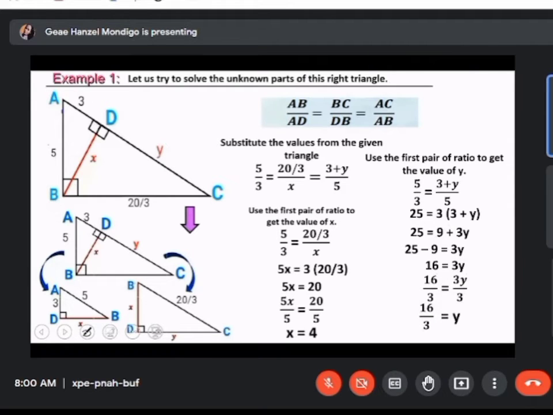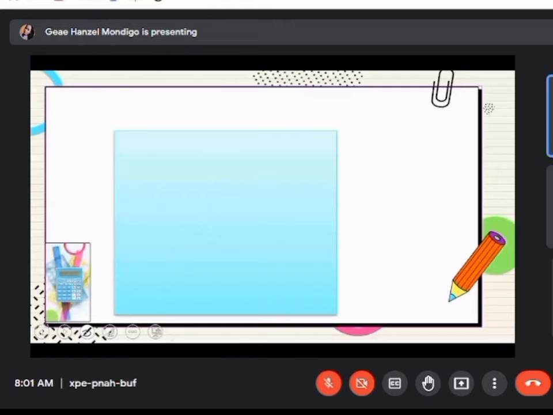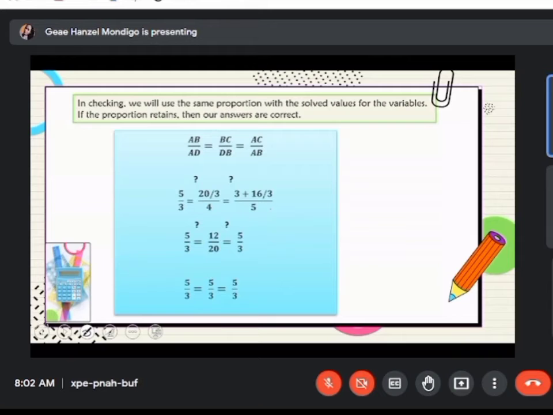If you are not sure with your answer, what would be your step? You can check it using your original proportion. You simply substitute all the given values, including your x and y. We have AB over AD is 5 over 3.